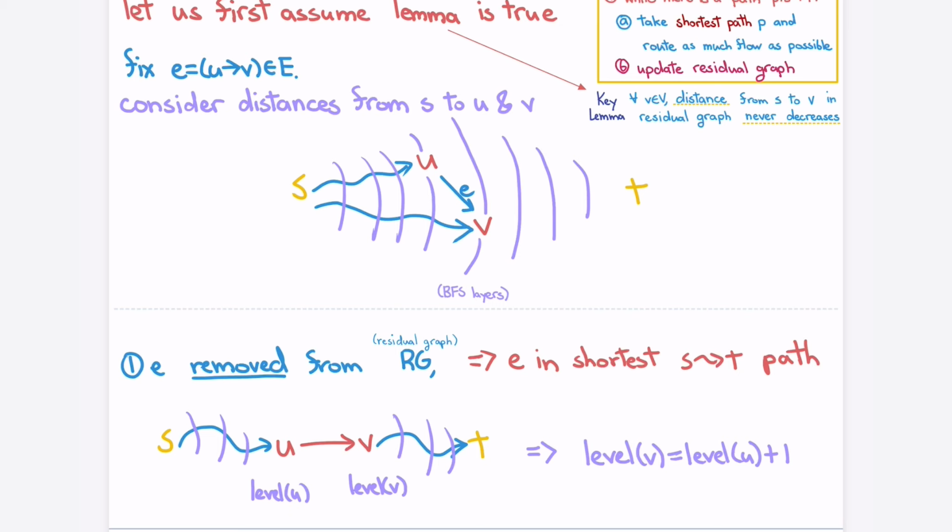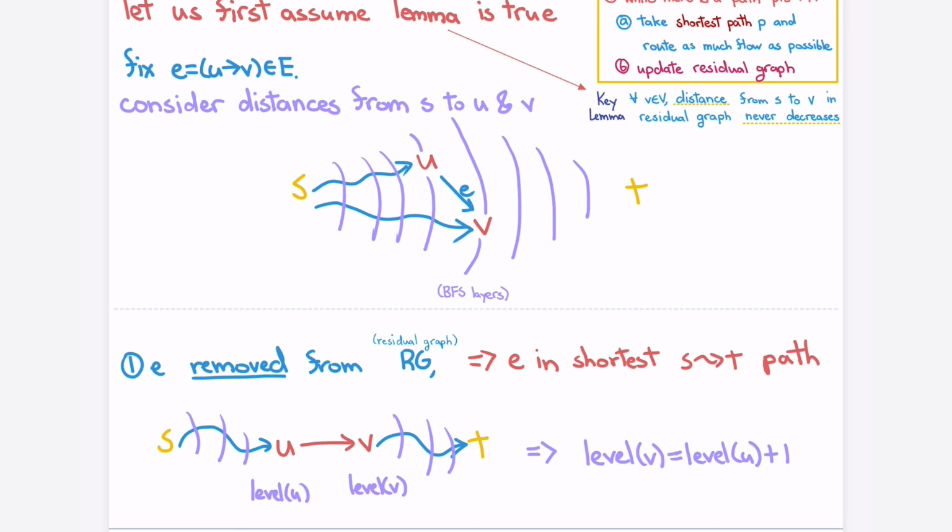So, okay, let's look at a particular edge from U to V. Okay? And sometimes that edge will be in the residual graph and it'll be removed from the residual graph because we used up all the capacity. And sometimes later, it could be that we route flow in the opposite direction and then the edge suddenly has some capacity, it reappears in the residual graph. Okay, so this edge will come and go over the course of the algorithm.